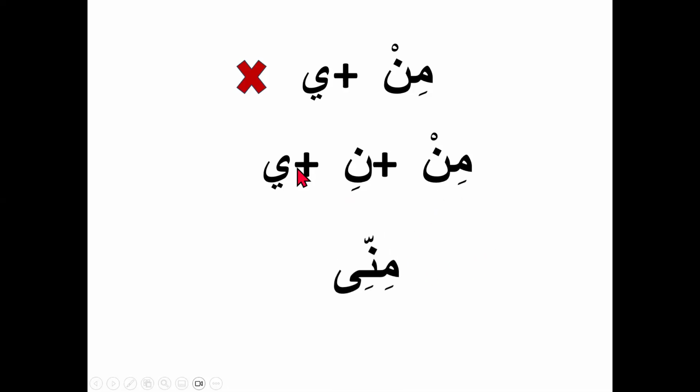I attach all of these. Can you see this shadda on the noon? Shadda means there are two noons. One noon is for min and one is the additional noon which we fix in between these two words, and this noon has the kasra.